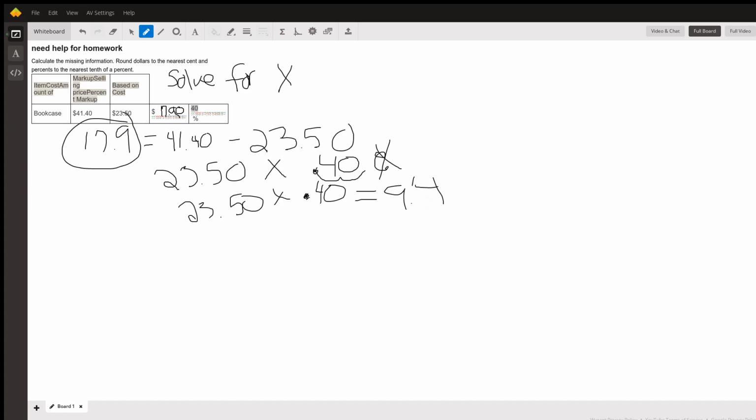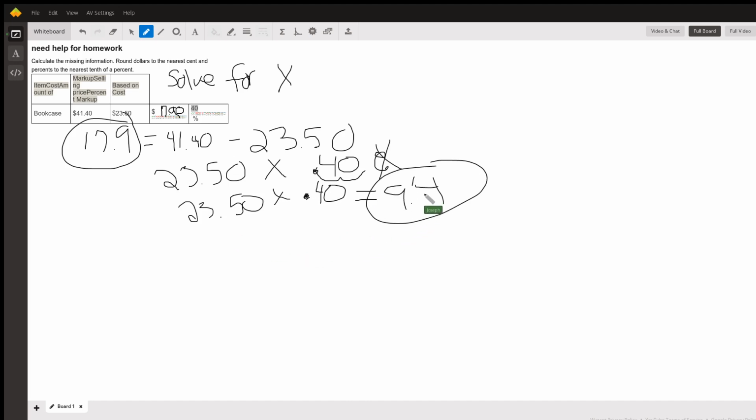So that means that you could take this number right here, 9.4, 40% of 2350, and subtract this from 2350. Subtract 9.4 from 2350, because this is a definite answer that 9.4 is 40% of 2350.